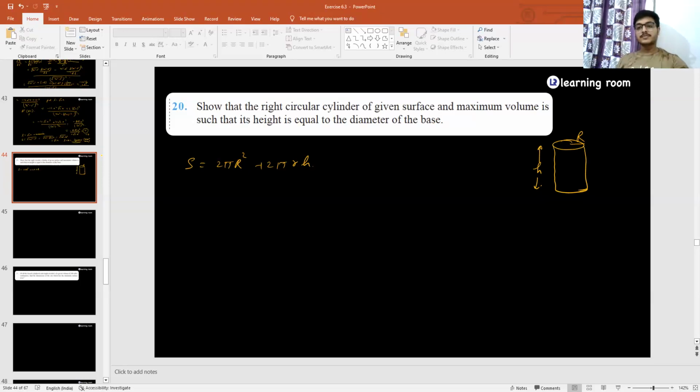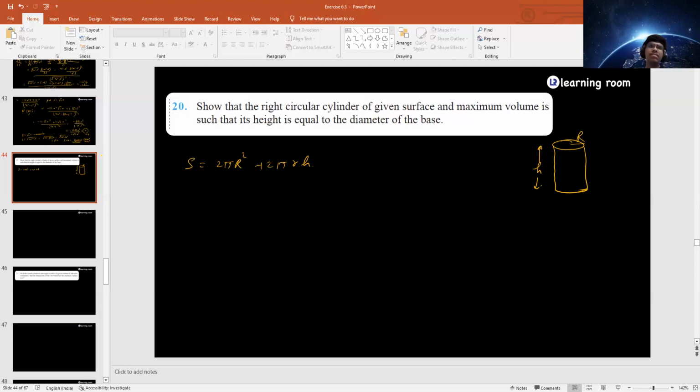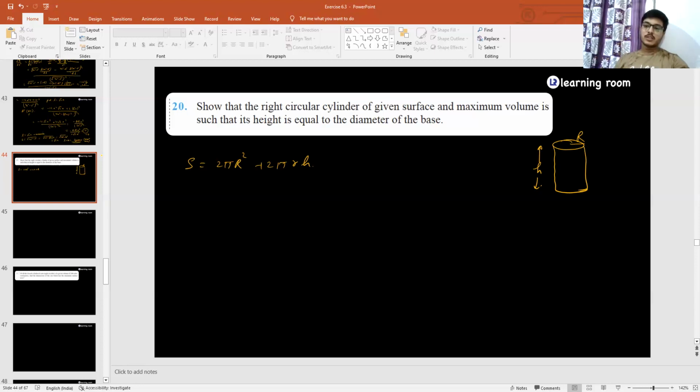Agree with this or not? 2 pi r square plus 2 pi rh. Sir, you didn't ask me one question. There are two circles, so why did you take only one 2 pi r square? Sorry, there are two circles, and then we have one curved surface area, isn't it?